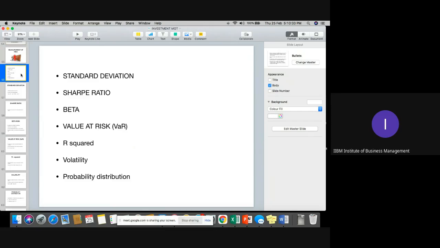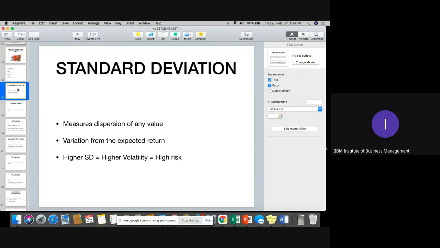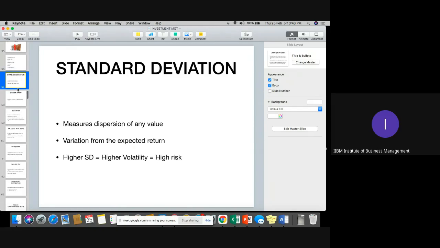But due to the constraint of timing, I'll discuss only a few methods of this particular topic. First, I'll go through a brief of what these methods are all about. The first method is the standard deviation method to calculate the risk of any portfolio or investment. Standard deviation will guide you about the variation in the expected return.